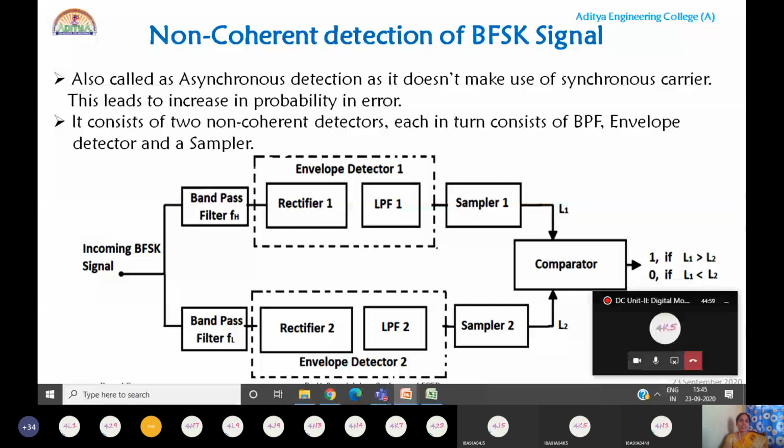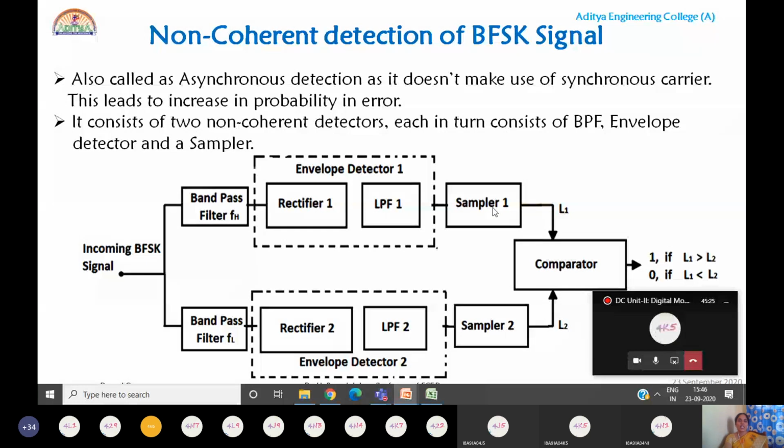The alternating component will be converted into pulsating DC, and that pulsating DC is smoothed by the low pass filter, because the low pass filter acts as an approximation filter. It smoothens the pulsating DC obtained from the rectifier. So the low pass filter output is applied to the sampler.